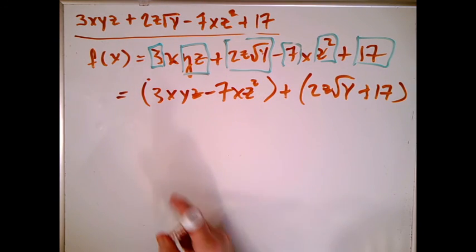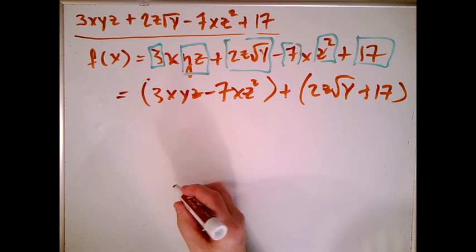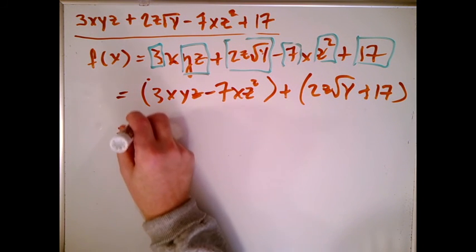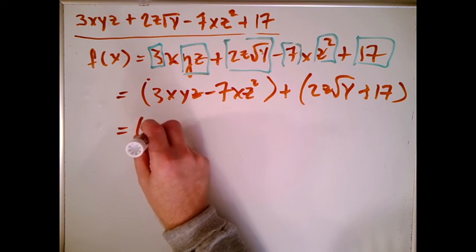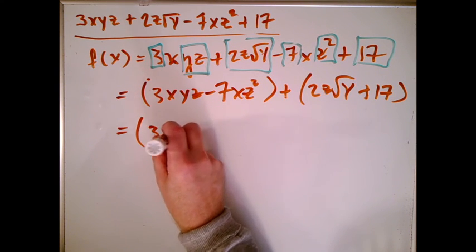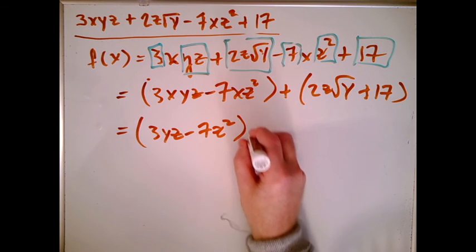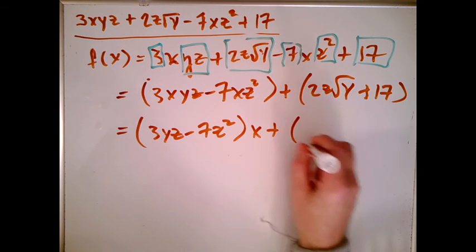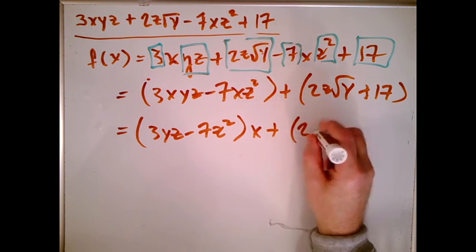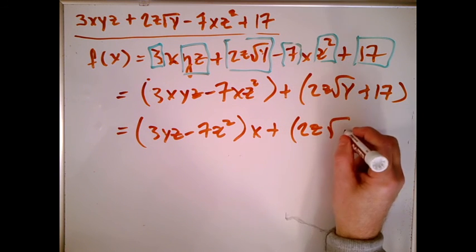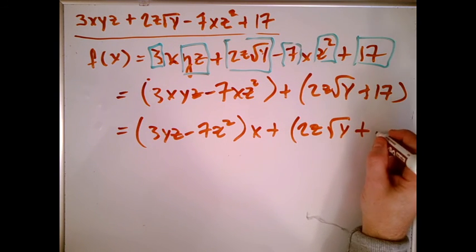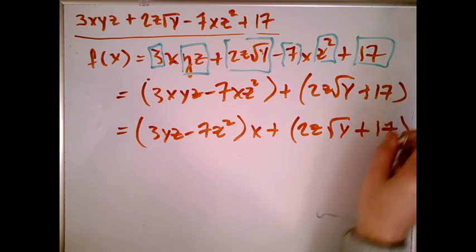And this thing here now only has x's in it, so I'm going to pull out the x. So I'm going to write down 3yz minus 7z squared times x plus something that doesn't have x in it at all. This is going to be 2z square root y plus 17, like that.